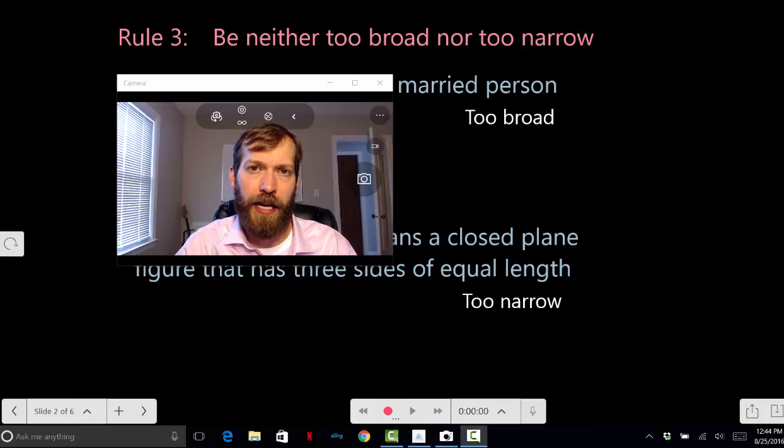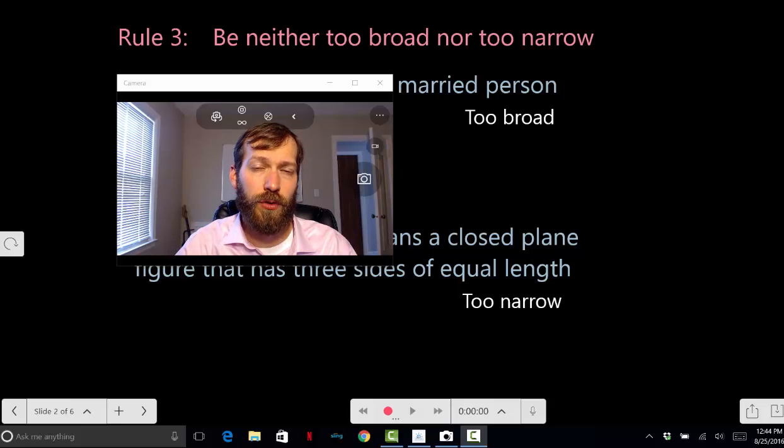So it's going to have a certain extension. Then when we say it means such-and-such, that is, we give it its definiens, we want the definiens to have the very same extension as the definiendum. That is, we want it to apply to the very same things.